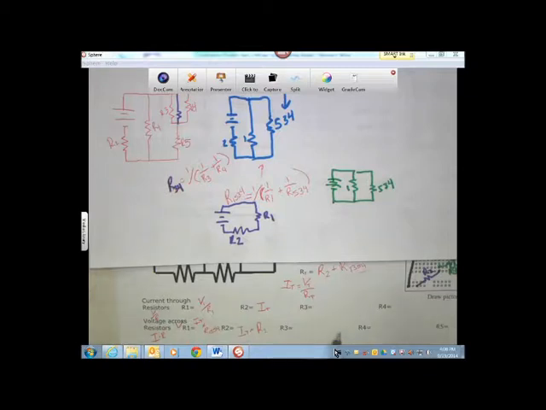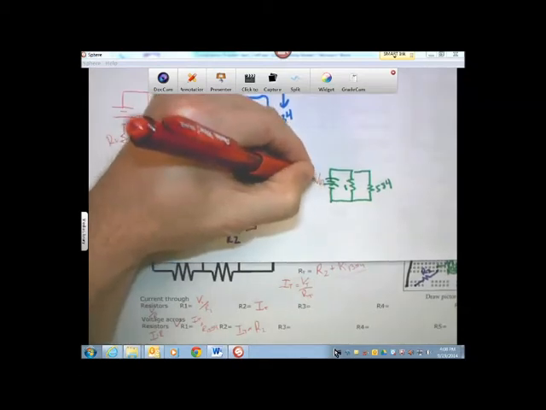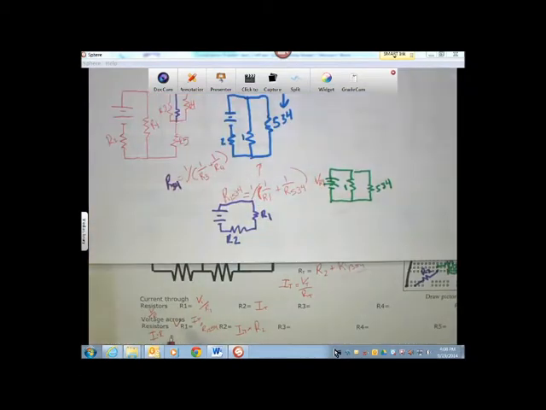By looking at it this way, I know my battery voltage here is going to be the same as the voltage across R1. So this becomes V of R1, because V of R1 is actually V of R1, 3, 4, 5.